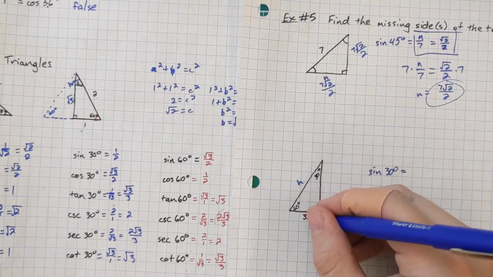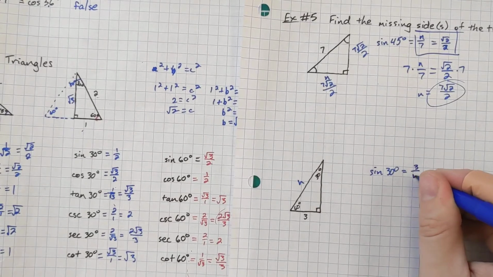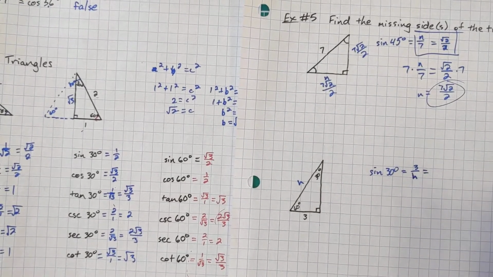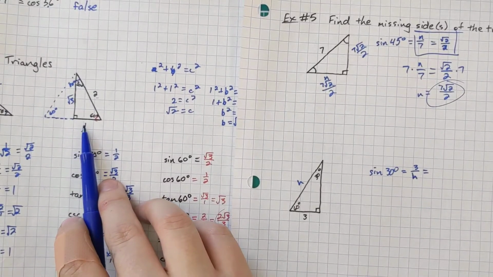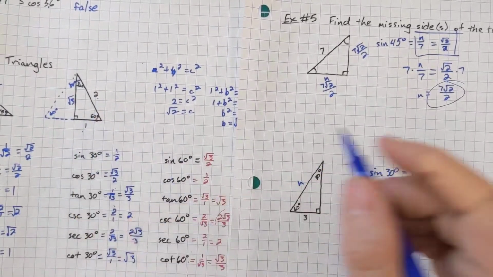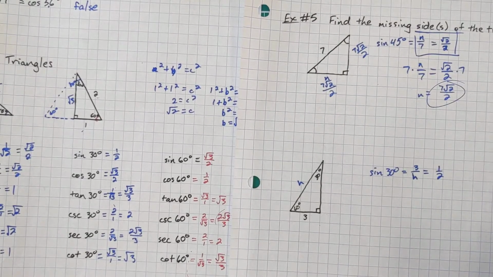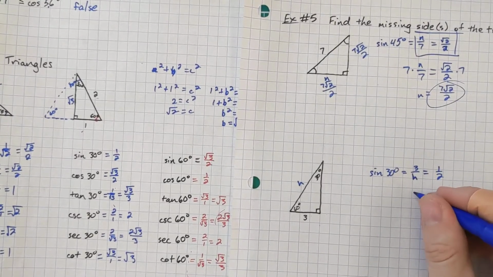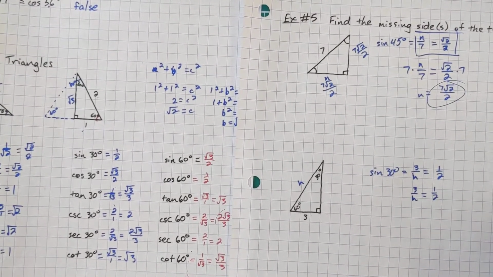In this case, it's opposite over hypotenuse, so 3 over h. However, if I look back here, sine of 30 degrees, opposite over hypotenuse, is 1/2. So 3 over h is equal to 1/2. Let's write that as a separate problem: 3 over h equals 1/2.